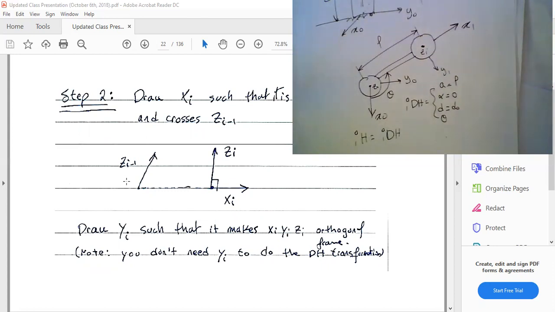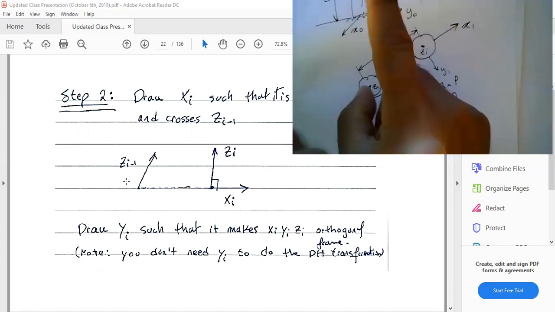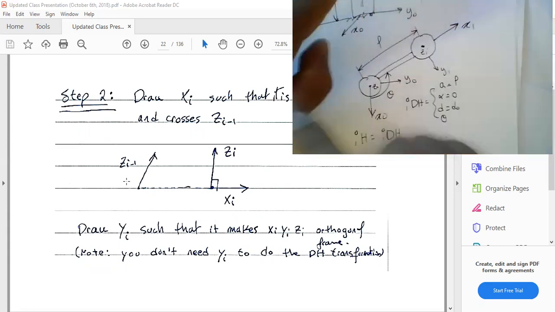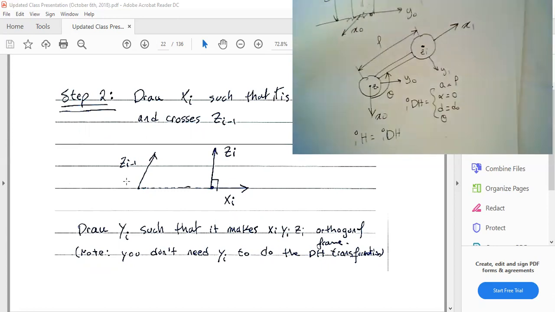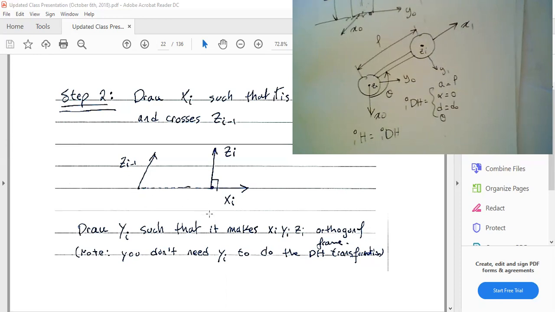This is very important, and you will always be able to do that from a geometric perspective. For any two vectors in space, you can always draw a vector perpendicular to both, even if they are parallel or not parallel, in different planes, whatever. This is the essence of the DH transformation. And once you have the x, that's it, you can get the y.